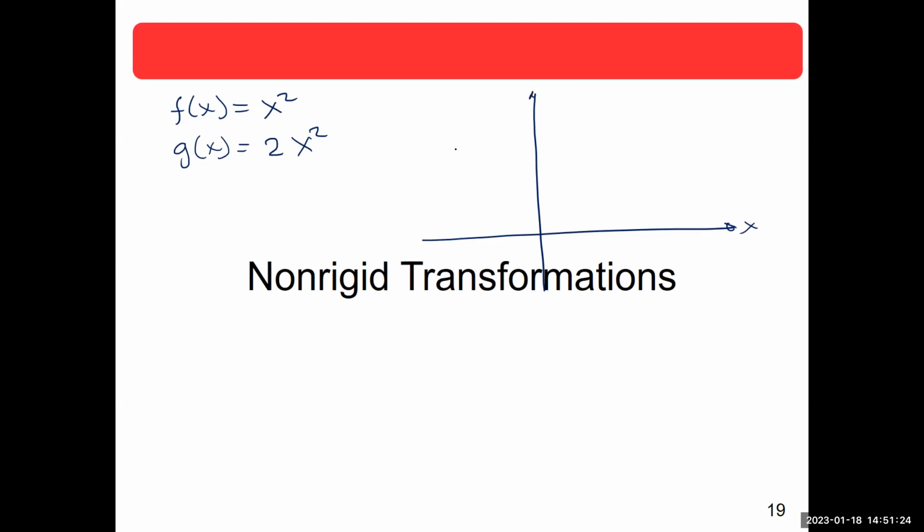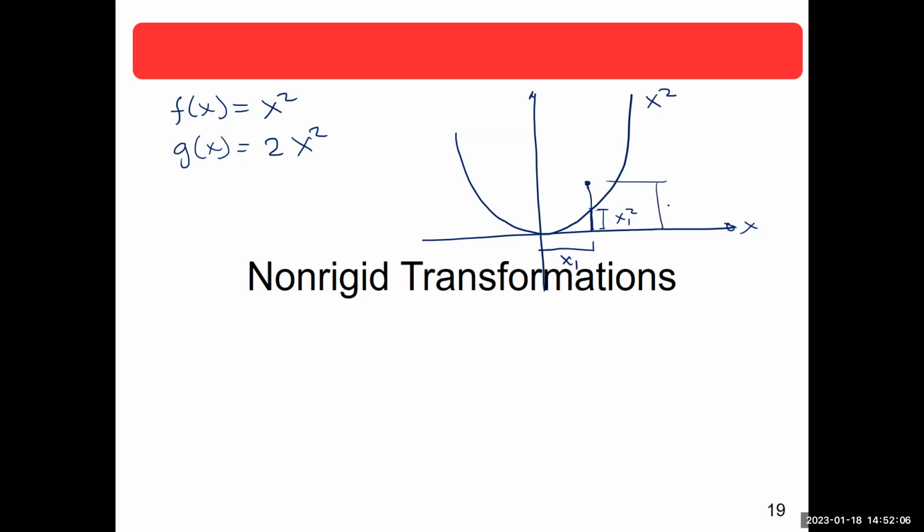If this is the original x squared, the new one we said we're going to multiply. So if I take a point here, at distance, any value, x1, what is the value of y? Right now, the value here is x1 squared. But how much is 2 x1 squared? You multiply by 2. So this point is going to move to here.